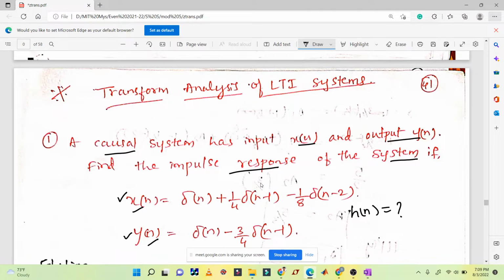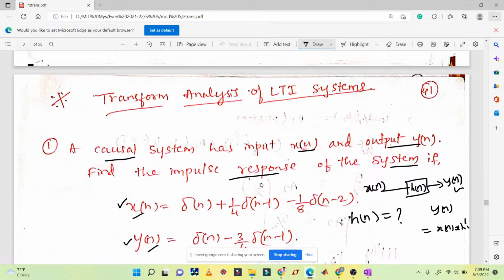output is this one. So what we are trying to find out is, say you are applying x of n to an LTI system and you are getting y of n as the output, and what is that h of n which is responsible for this y of n? We know that y of n is equal to the convolution of x of n with h of n, correct?